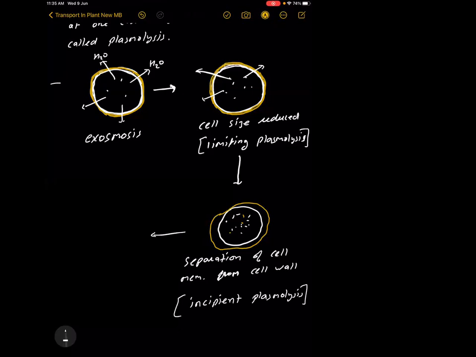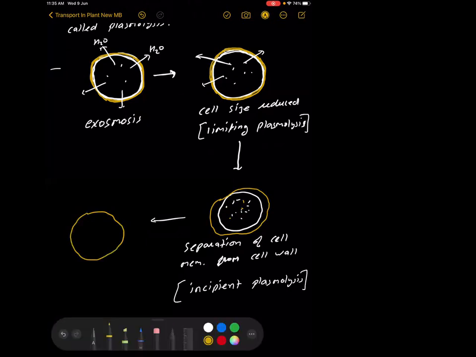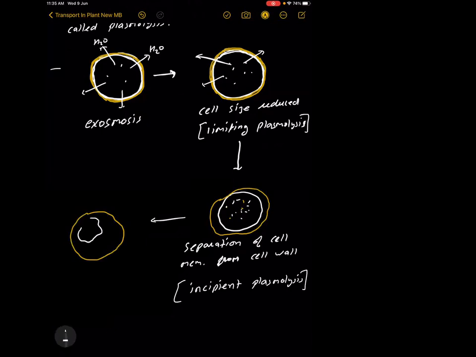Finally, the last stage, in which only the cell wall has its normal shape, but slightly reduced, and the cell membrane contains protoplasm. It shows shrinkage, and finally plasmolysis occurs. Finally the protoplasm is completely separated from the cell wall and it is concentrated at one point. That process is called plasmolysis.